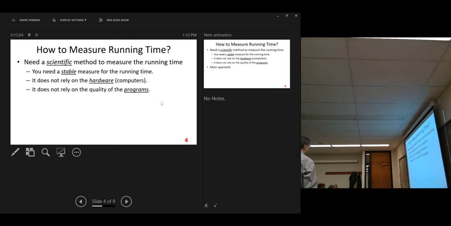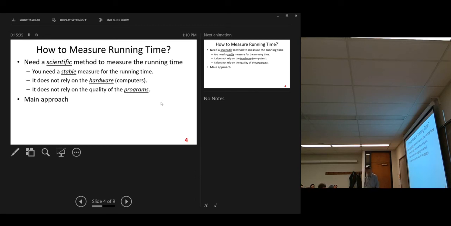It does not rely on the quality of the programs. We know some people can write much better quality programs than others. So we don't worry about that, because our measure does not rely on that factor. Or we try to remove those factors, so we can compare on a fair playground.